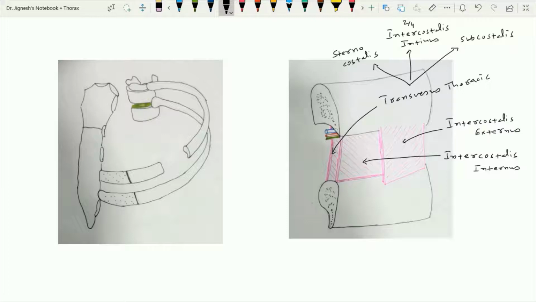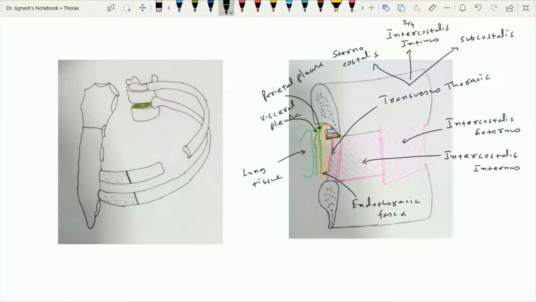Just deep to this intercostalis intimus or transversus thoracis, we find the endothoracic fascia, which is the fascia just in front of the parietal pleura. Just deep to this endothoracic fascia, we find the parietal pleura, the visceral pleura and the lung tissue.